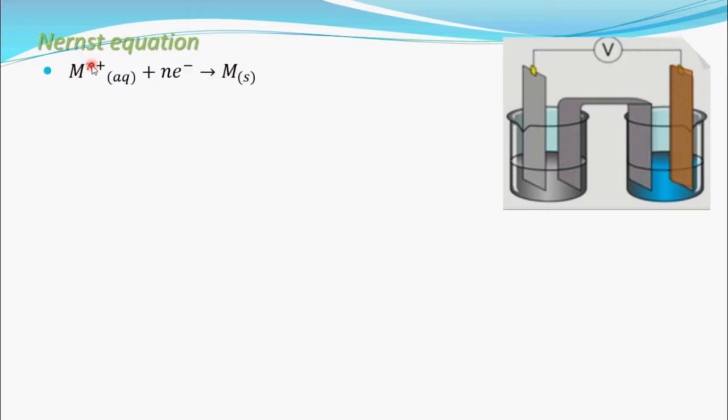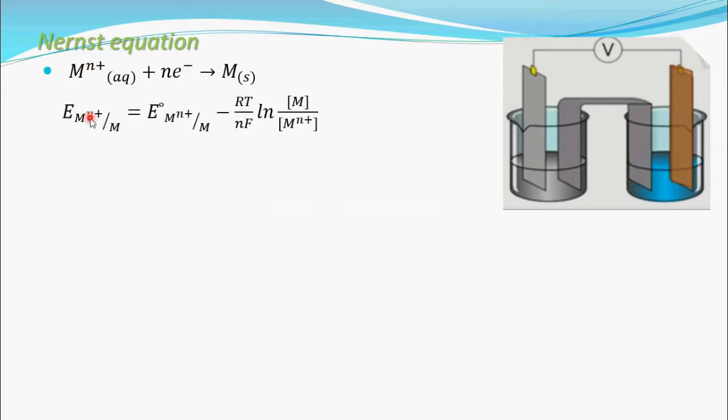So this M n plus charge electrode is taking n electrons and undergoing reduction to give you M. Now, how can we calculate the electrode potential of this M when the concentration of this M n plus is other than 1 molar?